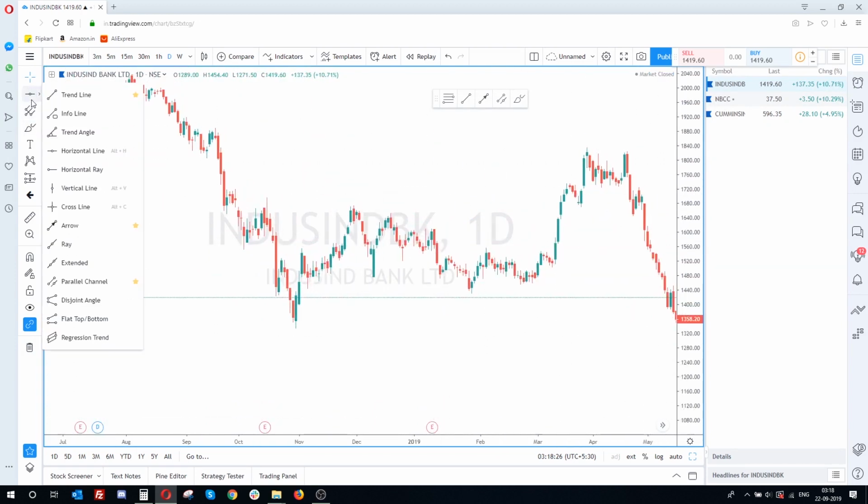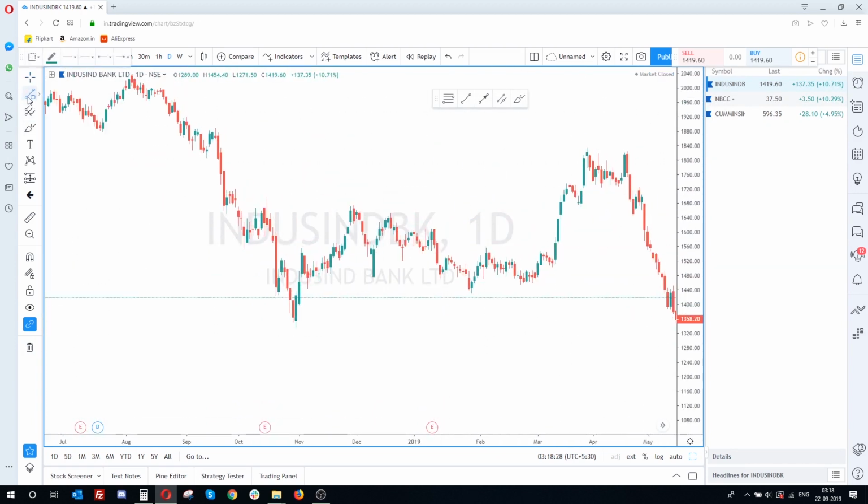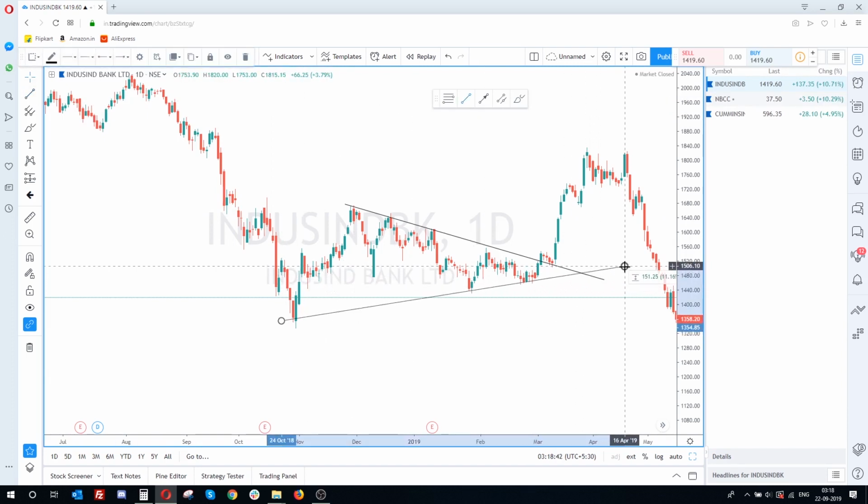So here, if you see, this is the pattern it has been forming. And at the bottom it's like this. I would like to draw patterns based on the body of the candle and not based on the wick, because there are reasons behind it.